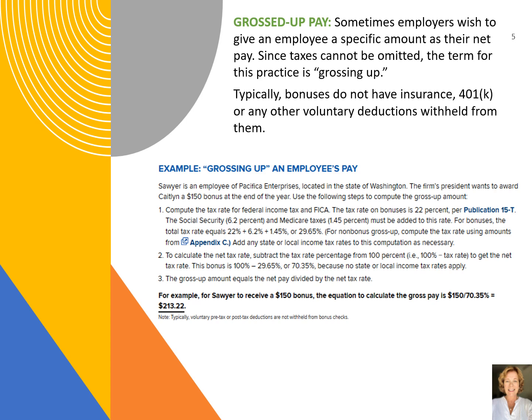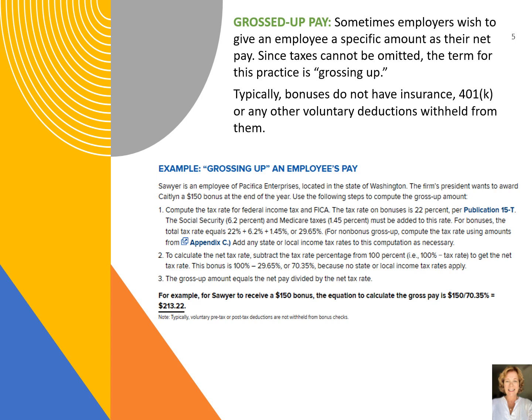So first we calculate the federal income tax and FICA. The tax rate on bonuses is 22%, and FICA is 6.2% for Social Security and 1.45% for Medicare. So the total of the percentages is 29.65%.